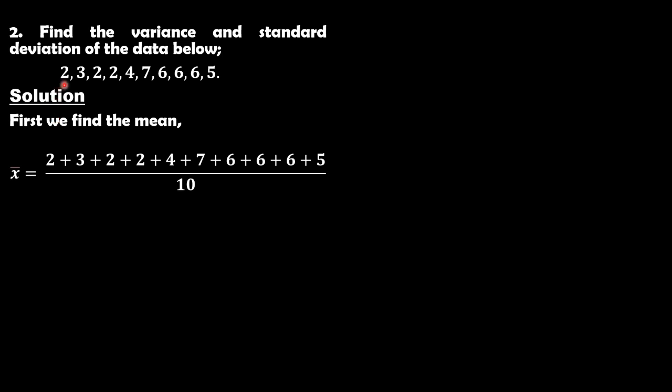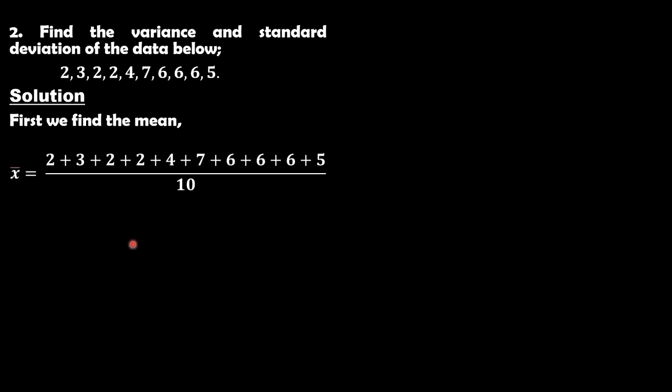In this case, we have 1, 2, 3, 4, 5, 6, 7, 8, 9, 10. We have 10 values in our data set. Therefore, after adding everything together, we divide it by 10.